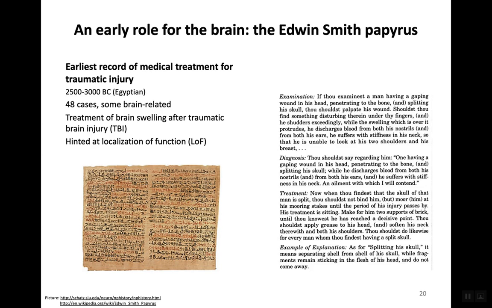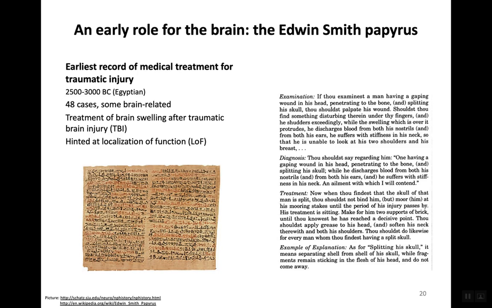And the Egyptians went to quite a great length to explain how you should examine and how you should treat brain swelling in such cases. However, at no point is there an explicit relationship made between cognition or the mind more generally and the brain.